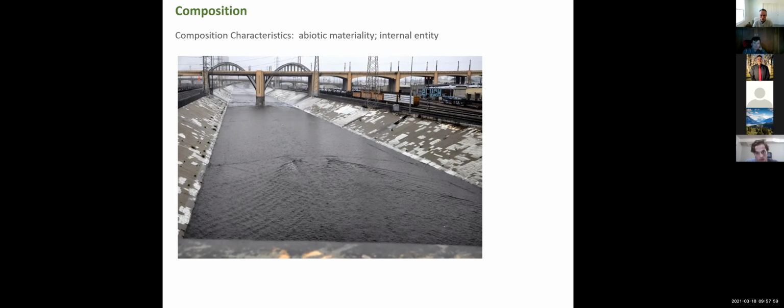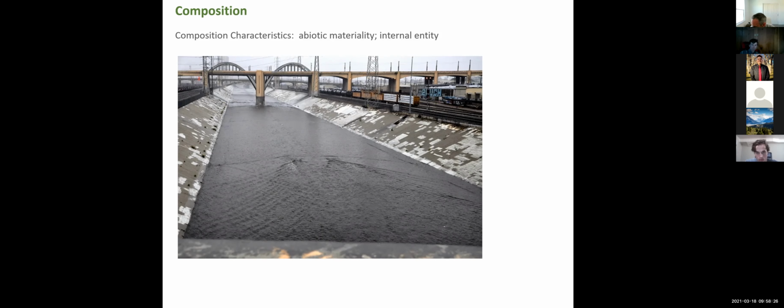Yeah, probably one of the most famous channelized waterways in the world. This is the LA River, and it's channelized for pretty much its entire length and provides absolutely no sort of wildlife benefit whatsoever. It's strictly designed for moving water as quickly as possible out of the city.